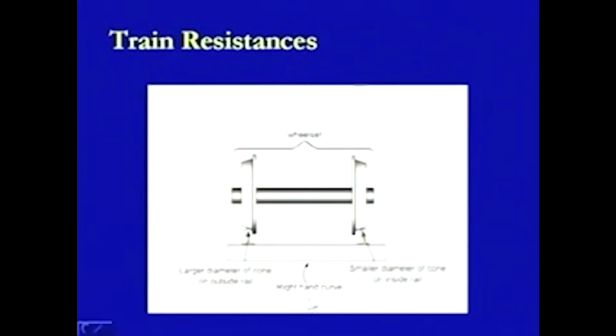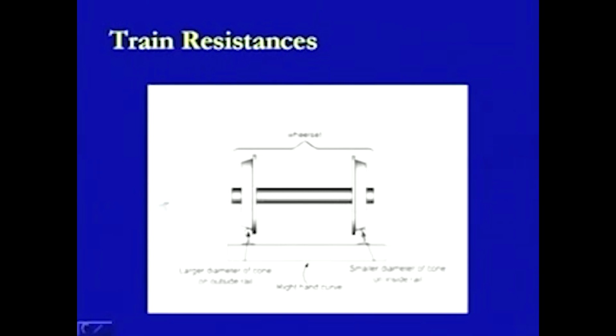Here we are looking at this diagram, where we are trying to check the right hand curve. When there is a right hand curve like this, there will be a centrifugal force acting in the lateral direction towards the left hand side.